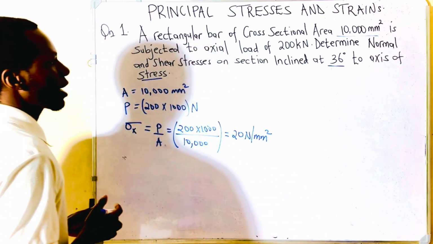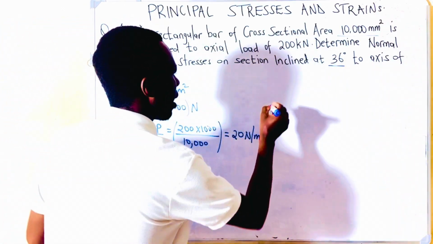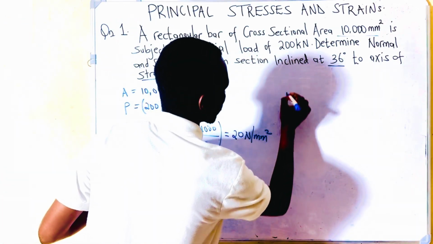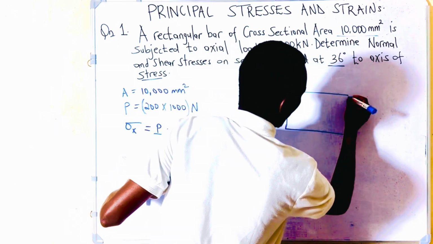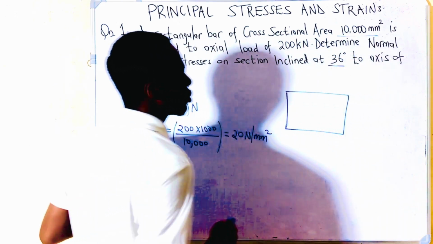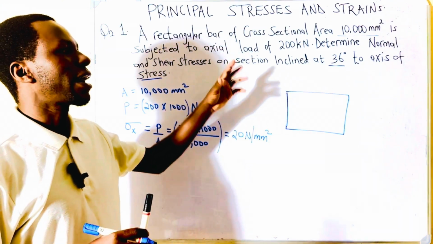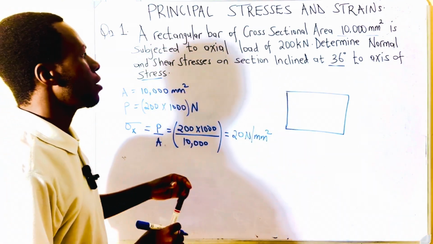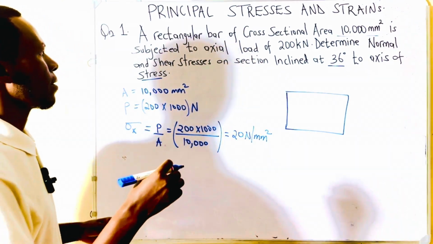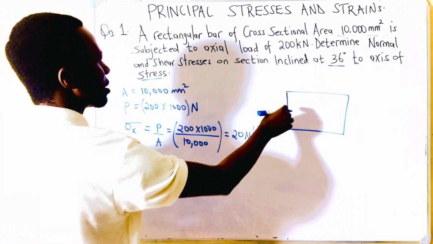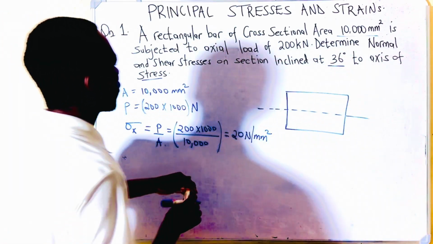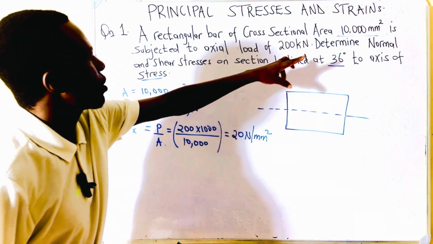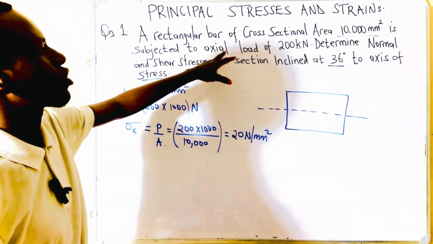Now, given this particular information, allow me to draw it here so that we can easily get it. Remember, in this video, I'll show you how simply you can calculate this, because what are the terms given? The most important is the load, and this load which has been given is the axial load.